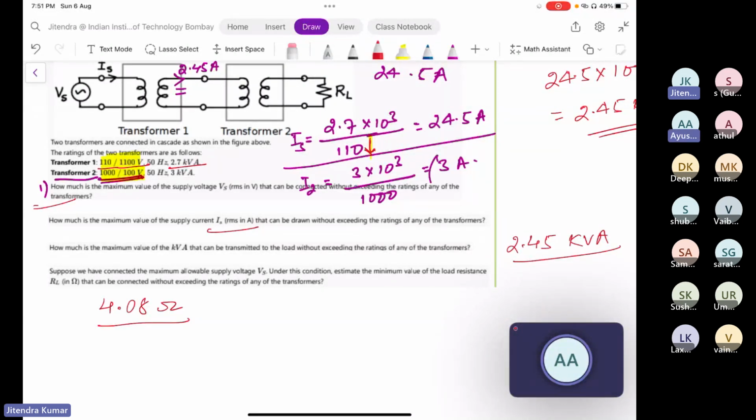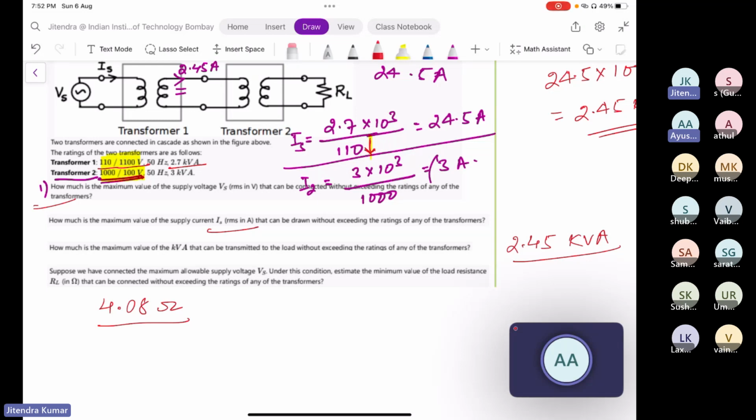Then we have to choose such a load that does not exceed the maximum allowable current. What we have concluded is that the maximum current is 24.5 ampere. According to that we have to conclude.